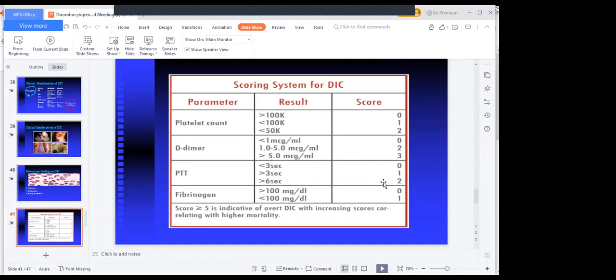And fibrinogen, more than 100 is 0, and less than 100 is 1. A score of 5 or more is indicative of overt DIC, with increasing score correlating with higher mortality.